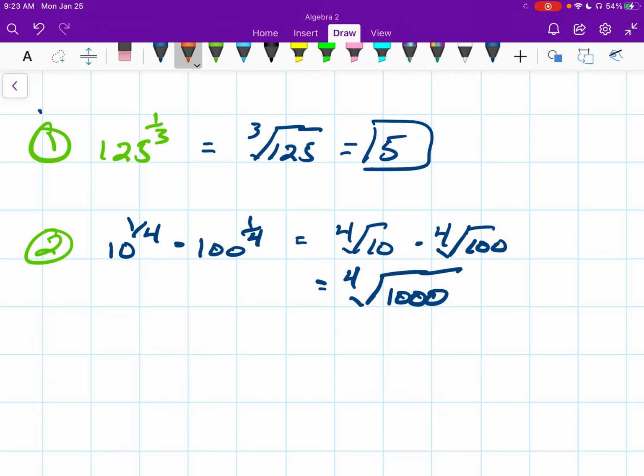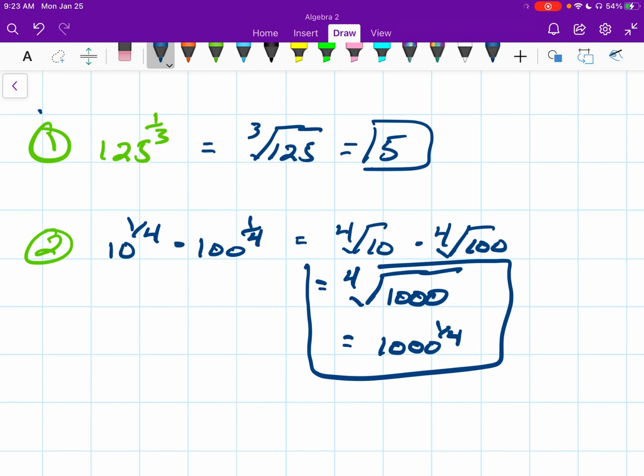Now, if we were to break that up, we'd find that we wouldn't be able to simplify that anymore. That's as simple as it can get. So we could either write it as the fourth root of 1,000, or we could return it to exponential form and say this is 1,000 to the 1/4. Either of those would be a good simplification.